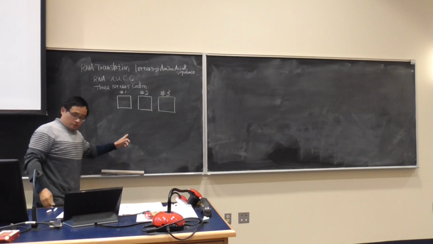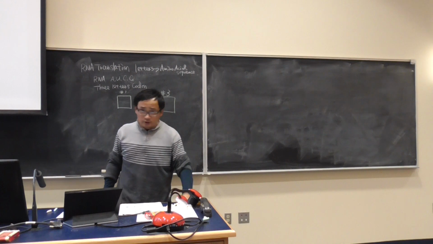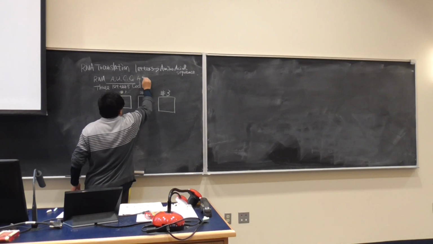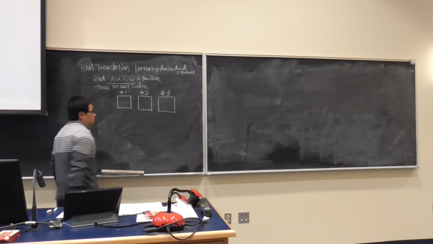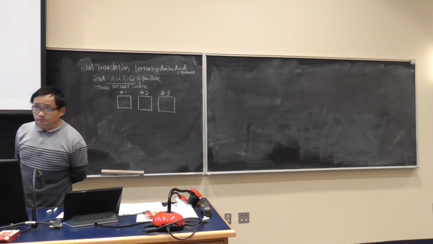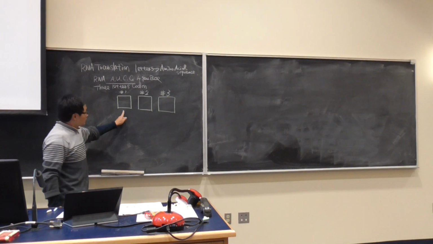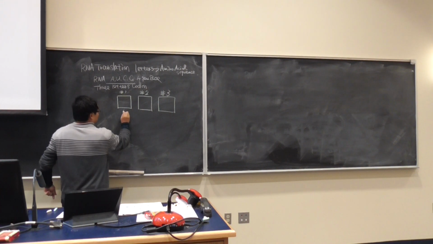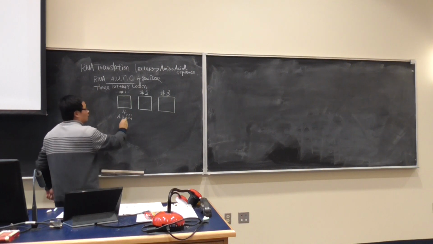Can you tell me, theoretically, how many genetic codes will be generated if you have 4 bases and 3 boxes? It is simple math. How many possibilities in box number 1? Could be any of them, is that right? A, U, C, G. So 4.